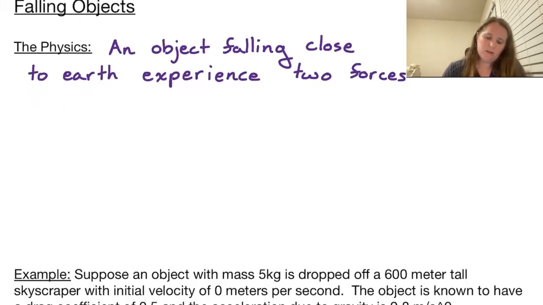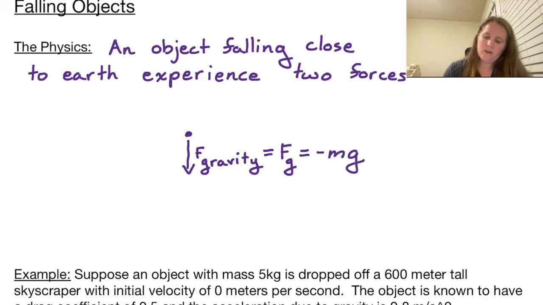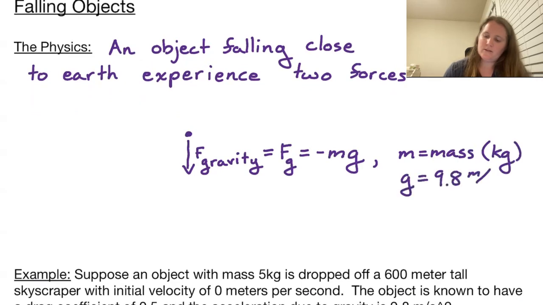So we have our object. It will experience a downward force due to gravity, which I will just label as F sub G. And this is negative mg, where m is mass in kilograms, and g is 9.8 meters per second squared.